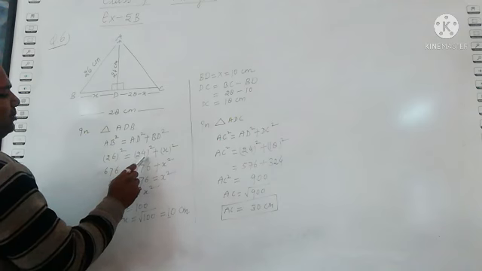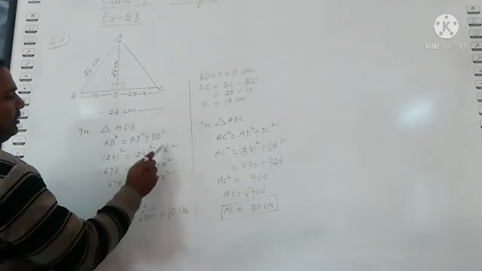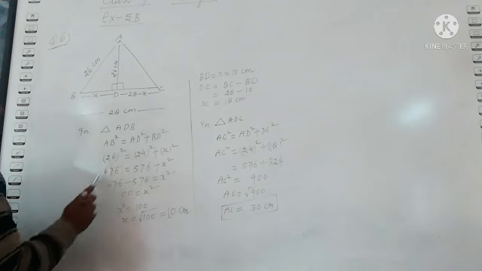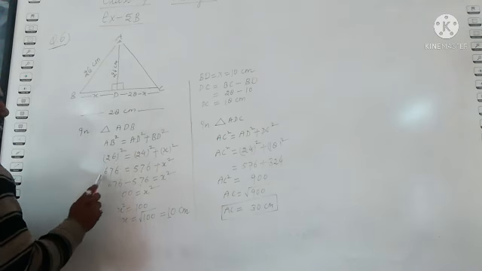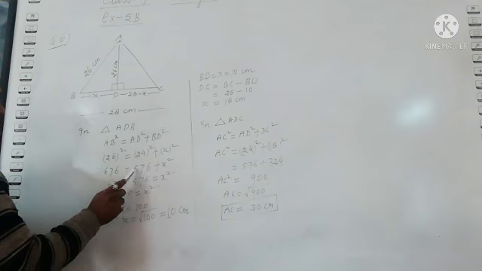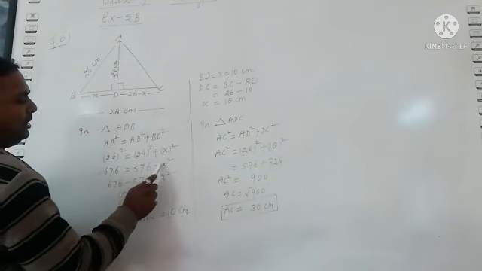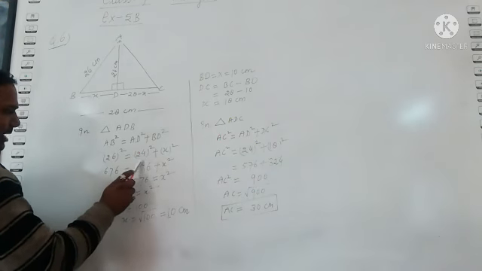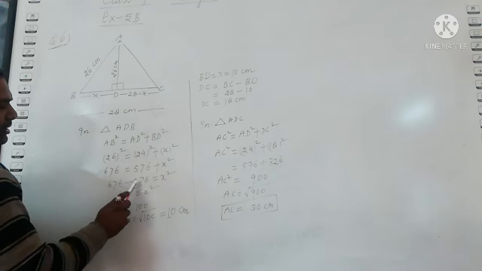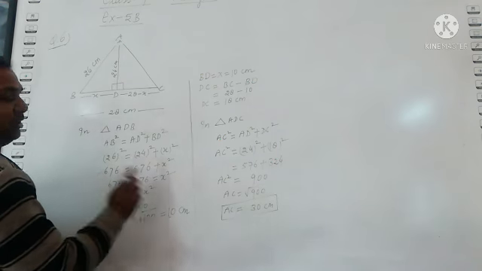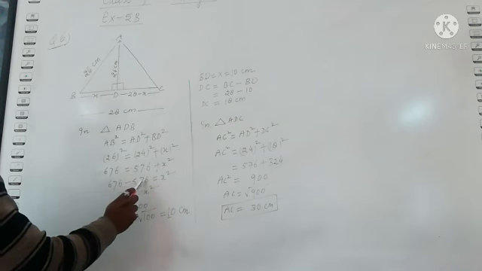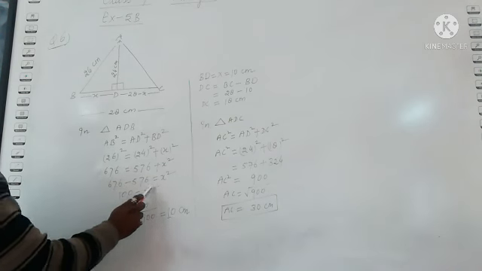AD value is also given, 24 square, plus BD we supposed x, so x square. 26 square means 26 multiplied by 26, that is 676. 24 square means 24 into 24, that is 576, plus x square. Now transpose 576 to the left side, it will be 676 minus 576 equals x square. Now subtract these two, 676 minus 576, that is 100 equals x square.